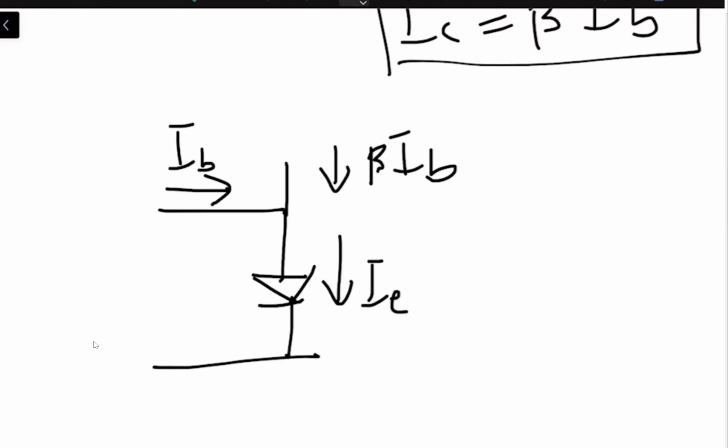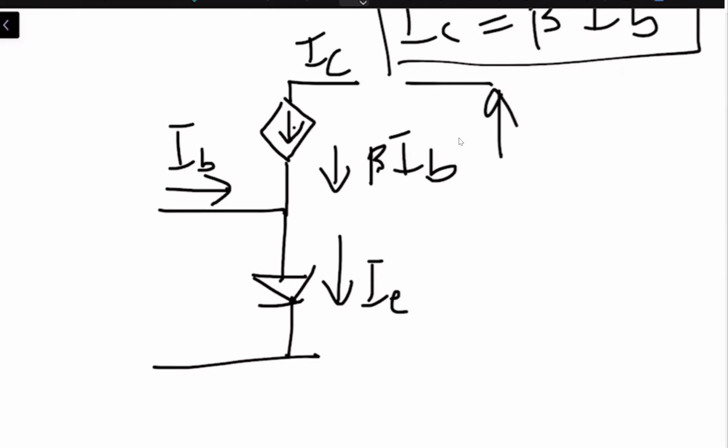The current flowing in the collector is beta times IB, right? Now this beta times IB can be represented as a current source dependent on another current, so it is beta times IB, which is the current equal to IC here.